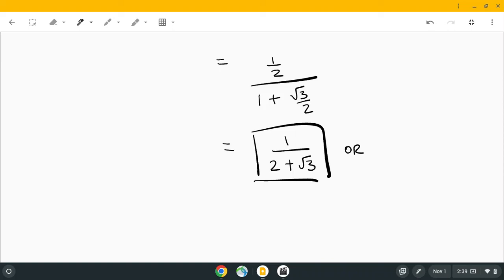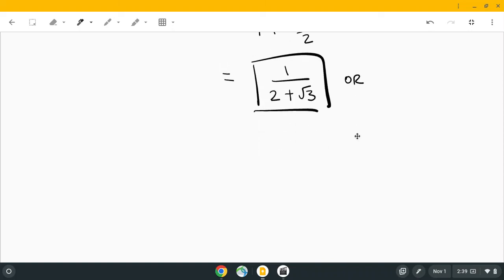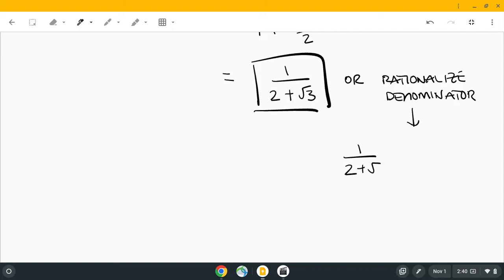So you'll have to check to see if this would be acceptable on WebAssign. If not, you might have to rationalize that denominator. Let me show you how you do that: 1 over 2 plus square root 3.